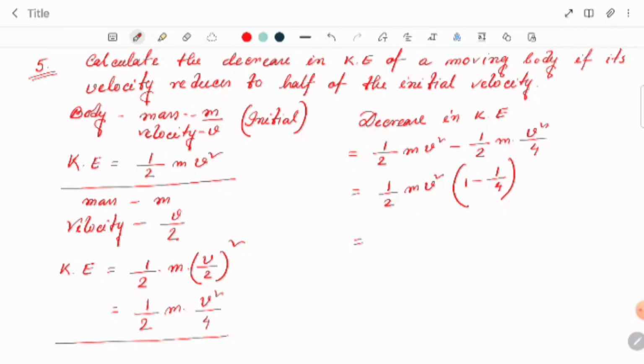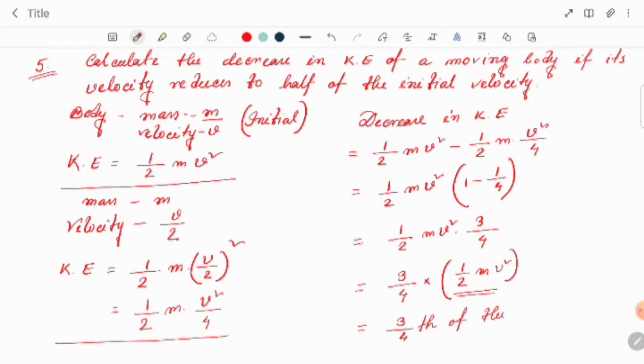So we can say half m v square into 3 by 4. Basically, 3 fourth of the initial kinetic energy.